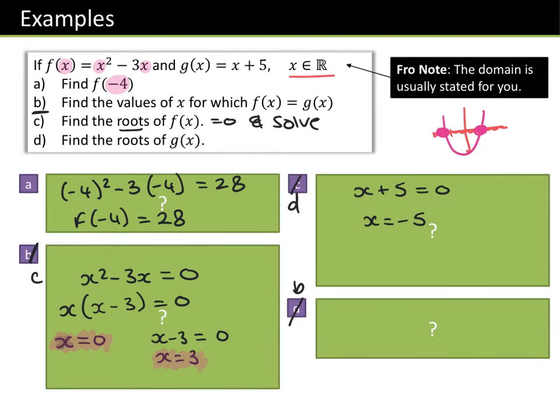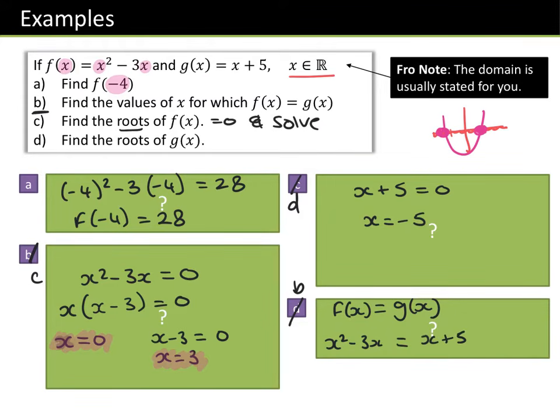Right. Then we have B. Find the values of x for which f of x equals g of x. Okay, f of x equals g of x. This should be nice and simple for you. F of x is x squared minus 3x. So instead of writing f of x, you're going to write x squared minus 3x equals, and your g of x is x plus 5. So instead of g of x, you're going to write x plus 5. We're going to rearrange.